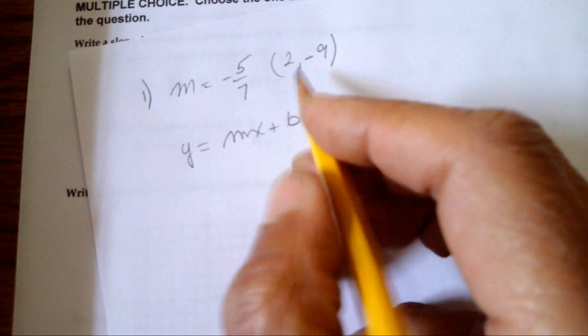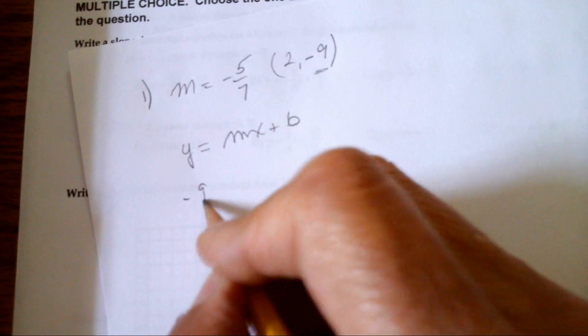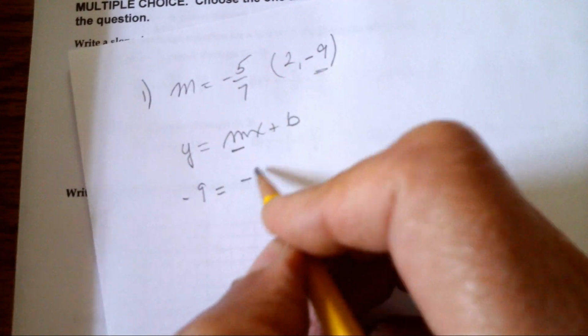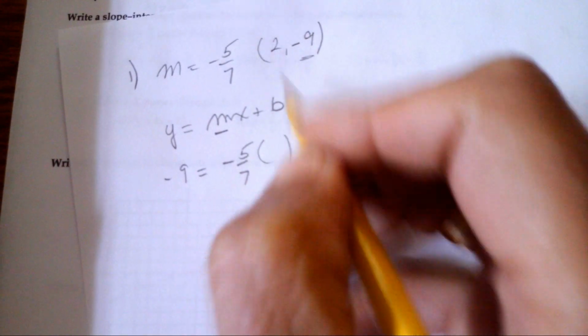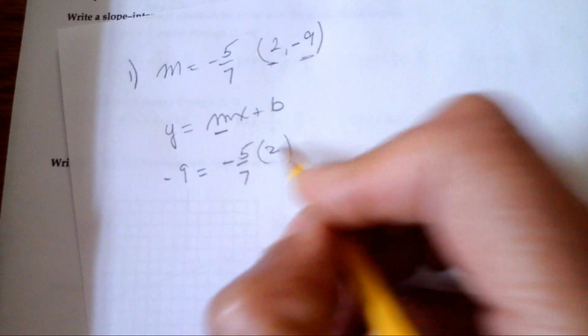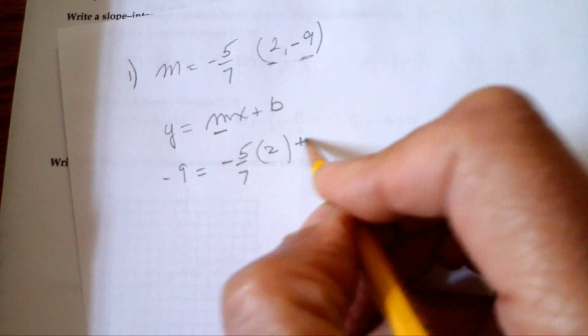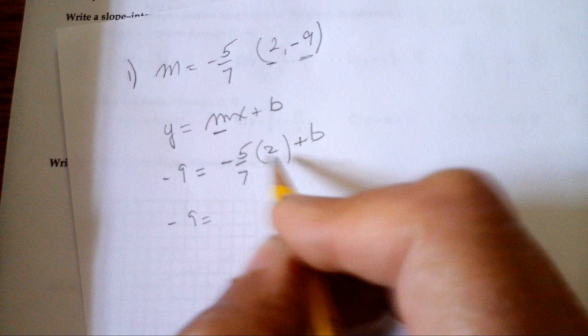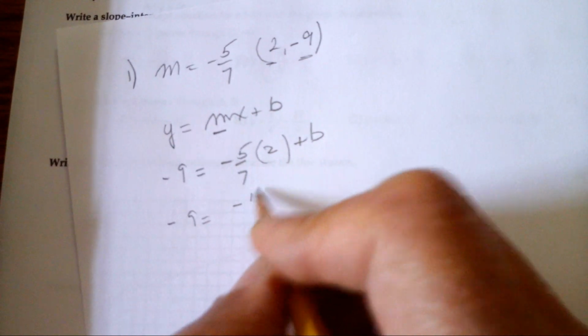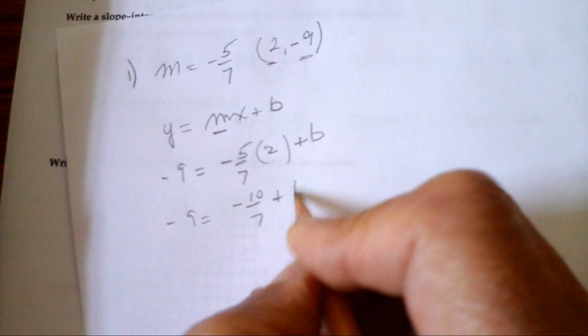So what have I got here? My y value is minus 9. That's equal to the slope minus 5/7 times my x value. My x value at the point there is 2 and plus b. So minus 9 multiplying a negative times a positive, that's a -10/7 plus b.